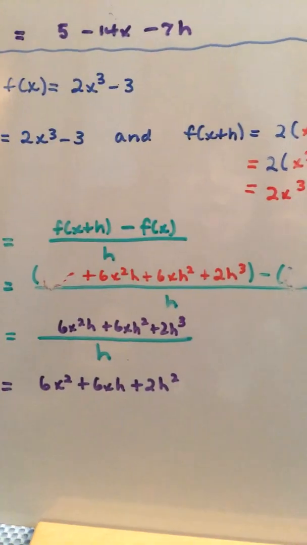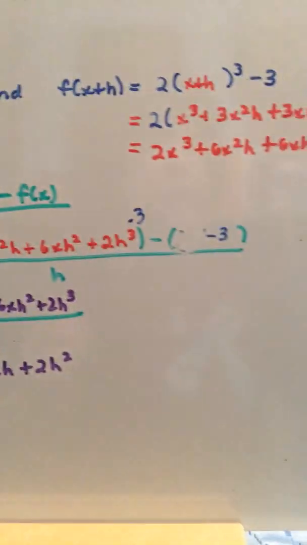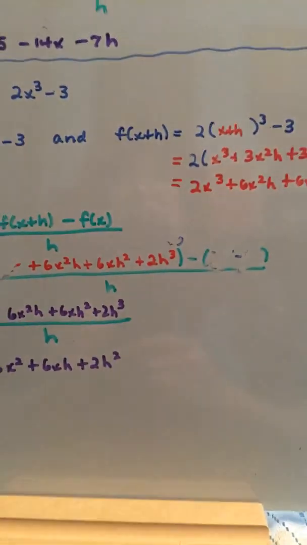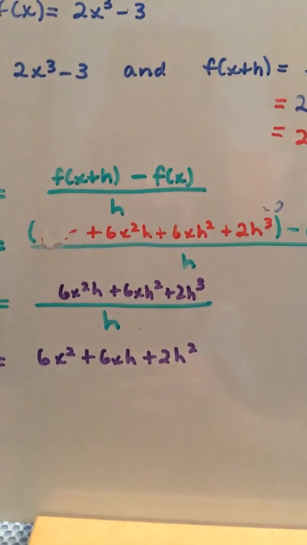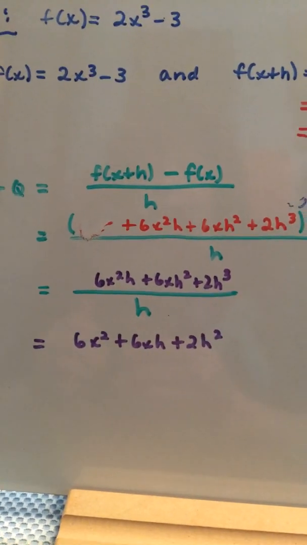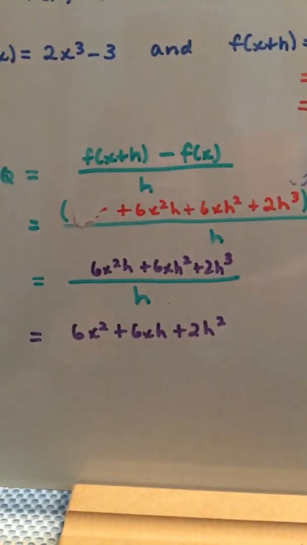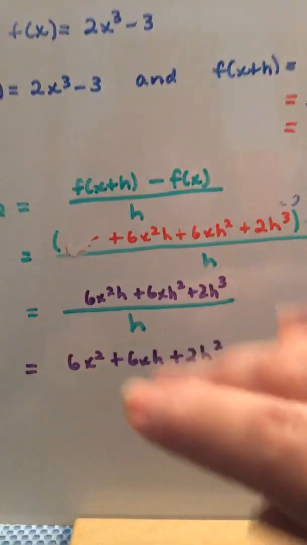Oh, hold on. -3 kills -3. So I'm going to take away an h from each of them. And there's my formula. Had I been trying to find the actual slope and done the limit, notice the h stuff would disappear. A very simple formula.